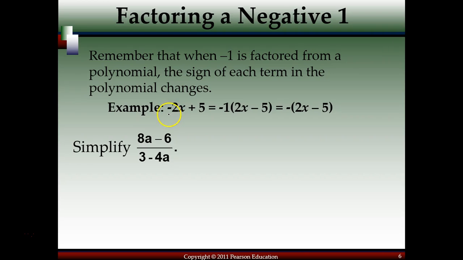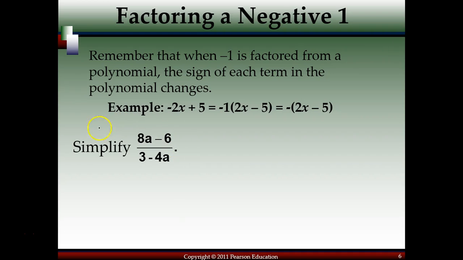Say I want to factor out a negative 1 from negative 2x plus 5. It's going to equal negative 1, and in parentheses what you have left over is, the negative 2x becomes positive 2x, and the positive 5 becomes negative. So that equals negative 1 times 2x minus 5 in parentheses.